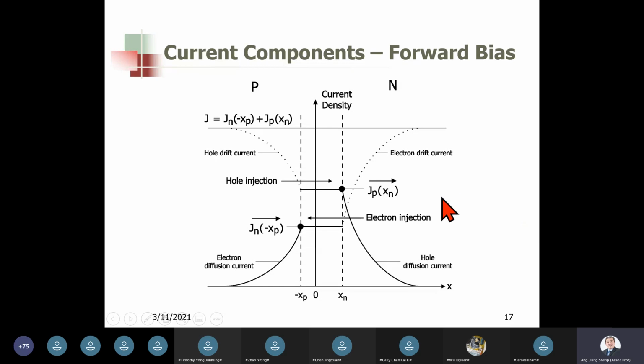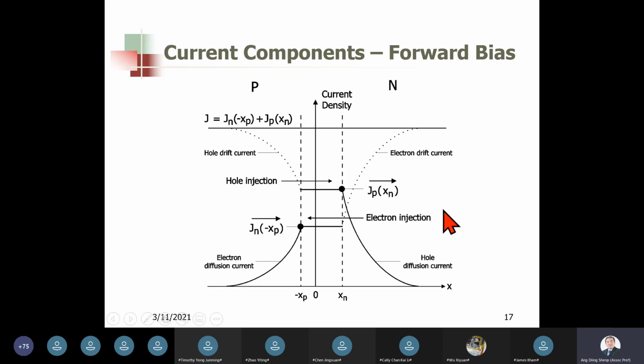So therefore, electrons must be continuously supplied by the external circuit for the recombination with the excess holes. All right, so this is the second role played by the electron drift current.